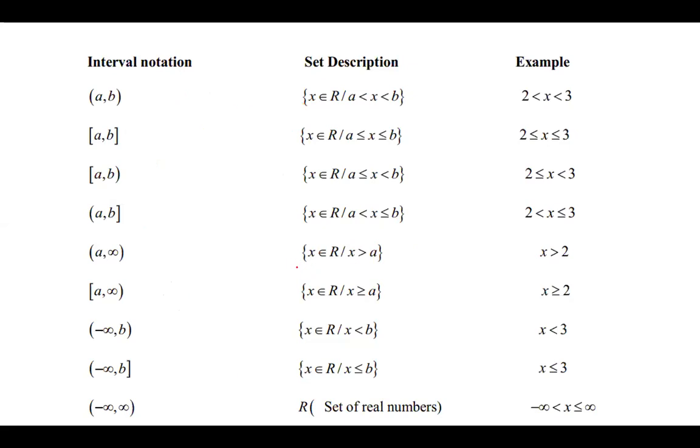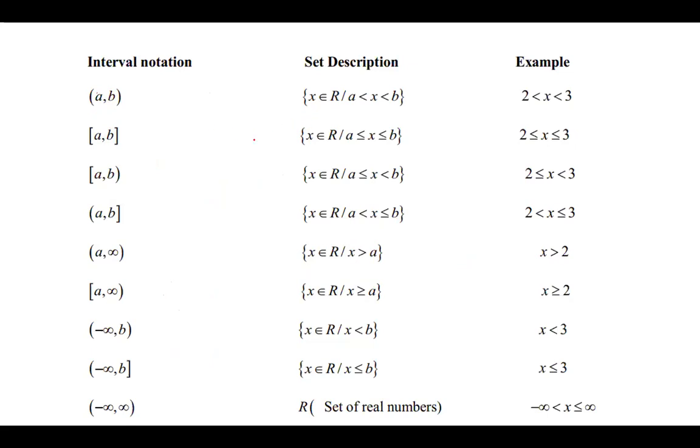Okay, so when you look at this first interval here, we have A open, and then at B it's also open, meaning A and B are not part of the set, meaning we're just talking about numbers between A and B. So this can be written in set builder notation like this.